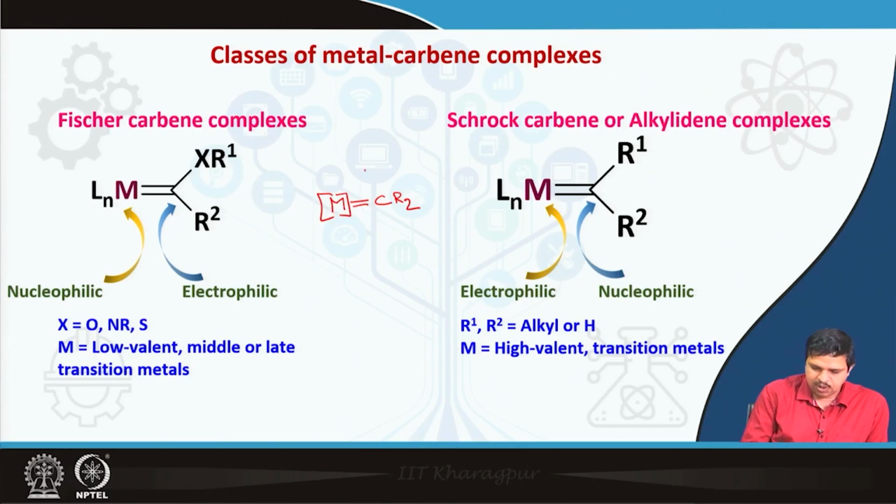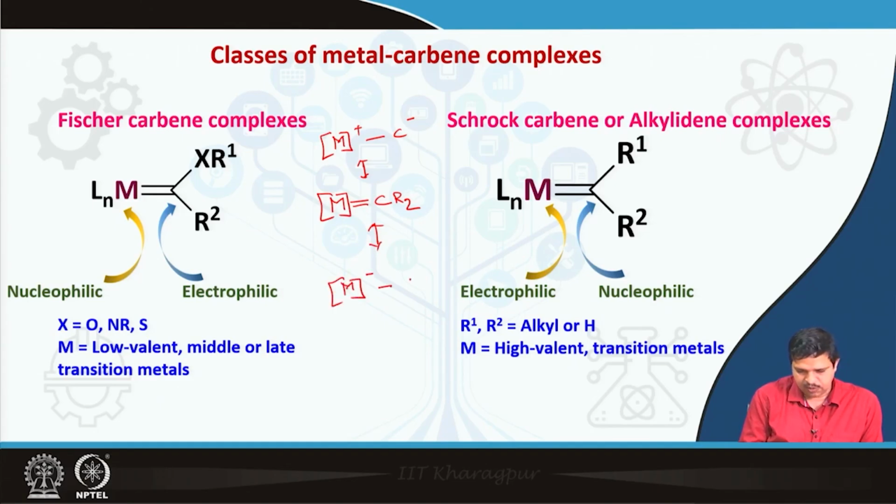If you think about the canonical forms, you can consider M plus, C minus, and the other one, M minus, C plus. We will try to understand today whether these two canonical structures, and the difference in electronic properties of the metal center and the carbene carbon center, are really possible or not.